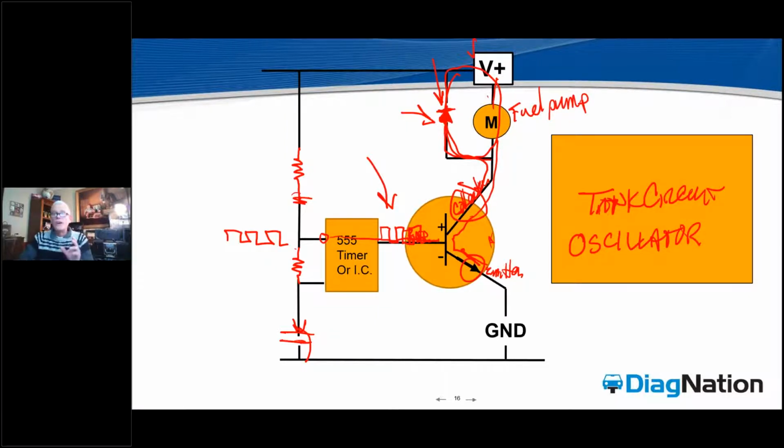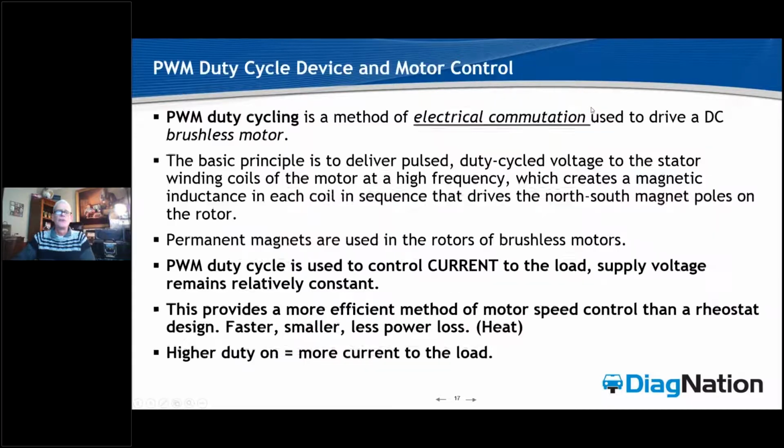Now, when we're flowing current is when the danger for flyback voltage exists. Flyback voltage occurs when we are rapidly switching that pulse width modulated voltage to that motor. Now, the pulse width modulation in this case is its own electrical commutation.